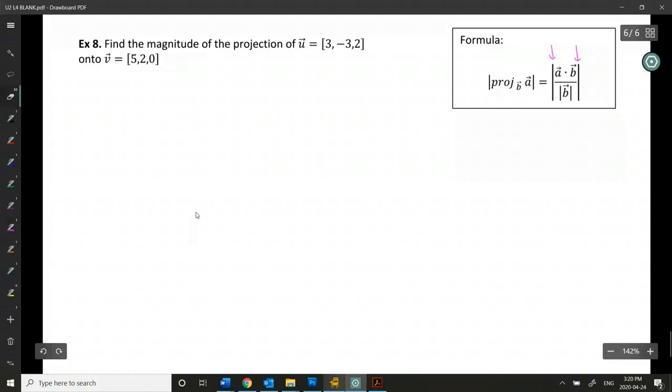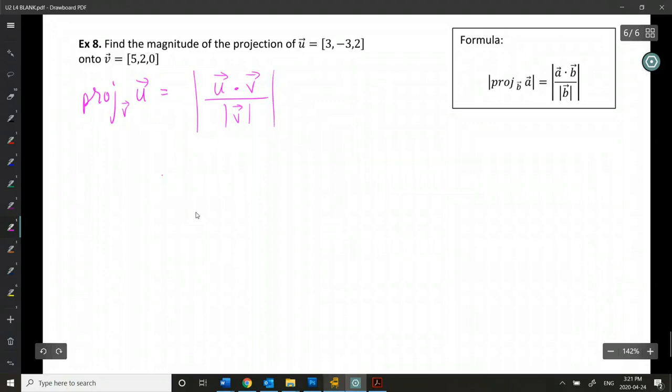And just as a reminder, these are absolute value bars because when we talk about the magnitude of a projection, we actually want that to be positive because we're talking about the particular length of a vector. So let's find the projection of u onto v. That means I'm going to find u dot v over the magnitude of the vector being projected on, and then we'll take the absolute value of that answer.